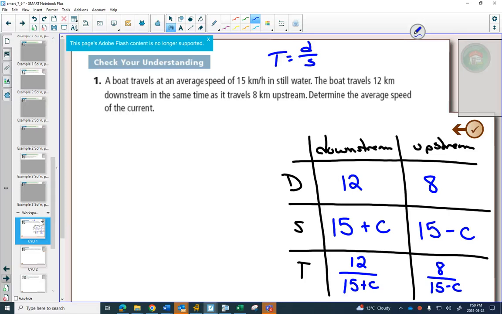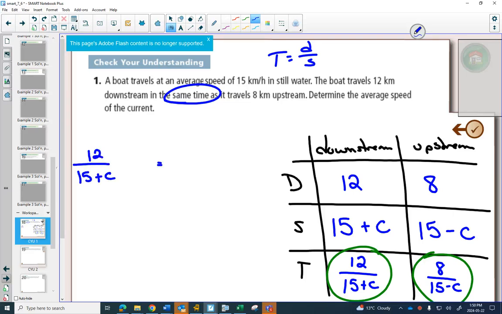There's going to be something in the word problem that's going to tell you how to create an equation. And in this one, there's the words that the time is the same. So that means this time here is equal to this time there, and we can create our equation.